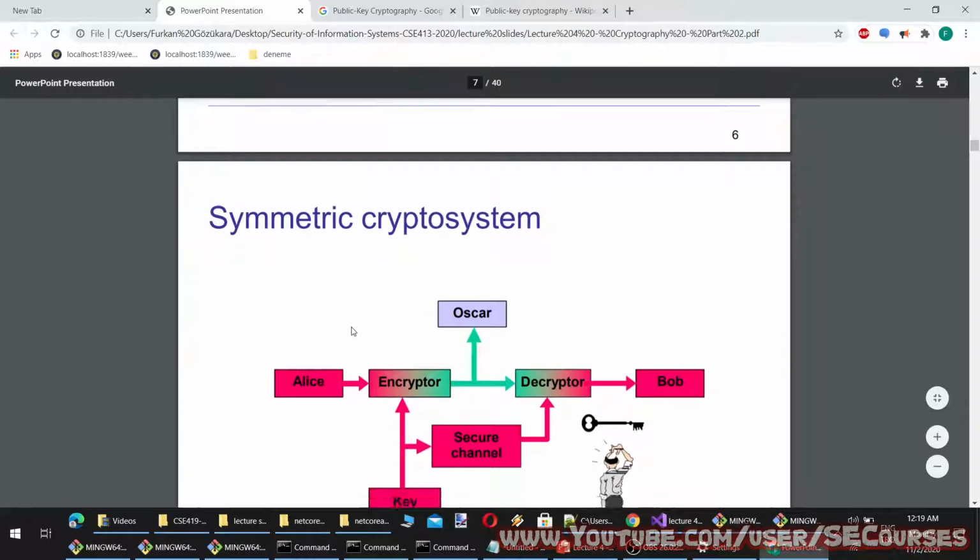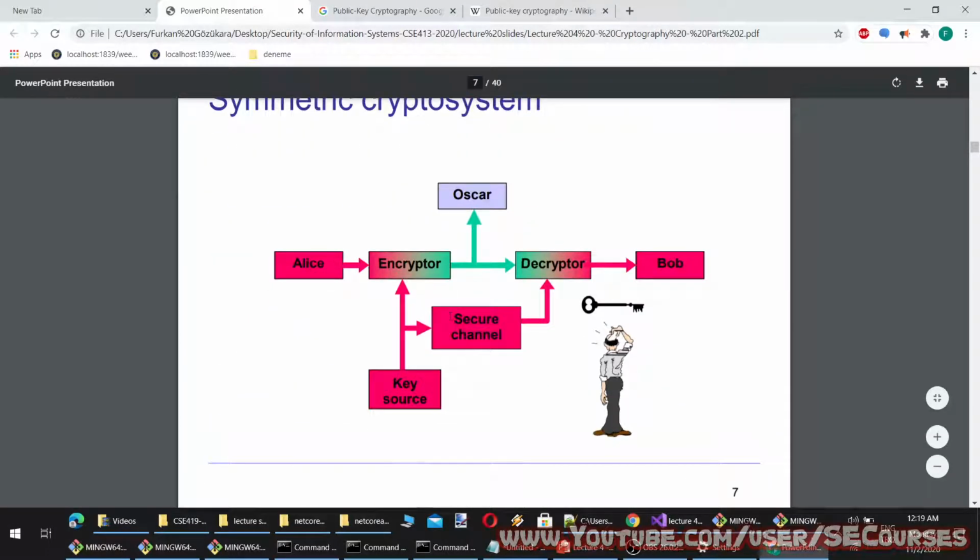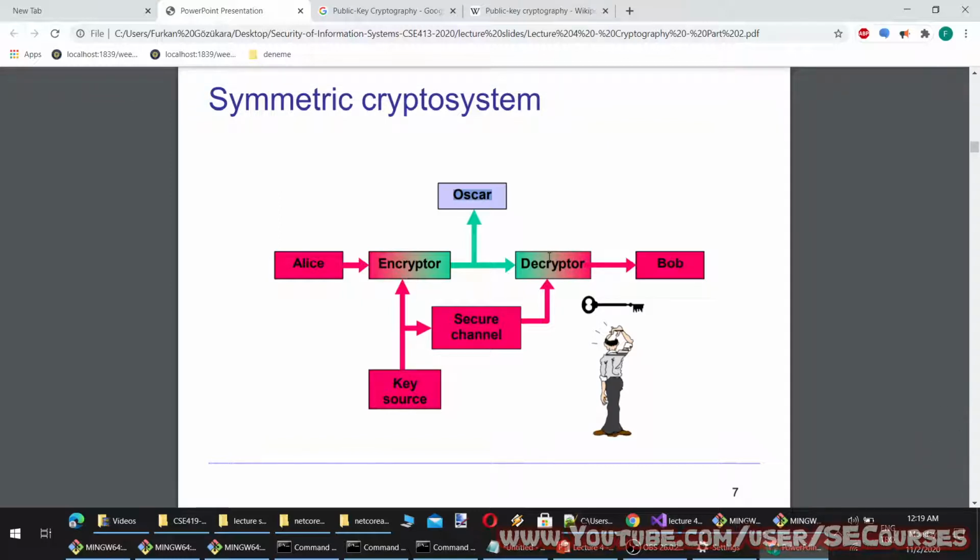You see there is a single secure channel and single key, and without having the key Oscar cannot decrypt the message and read its content or change the message.